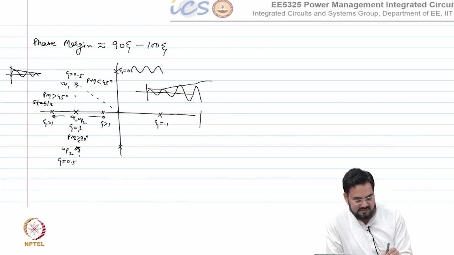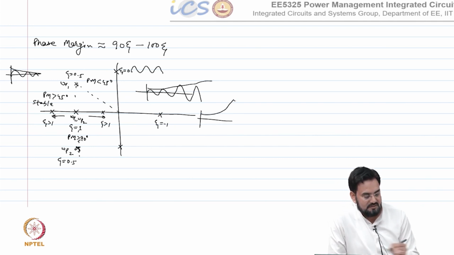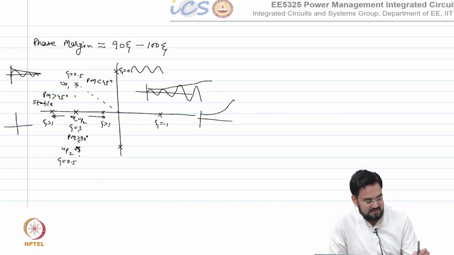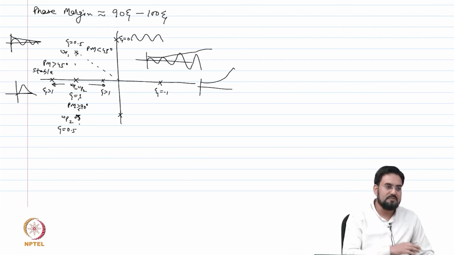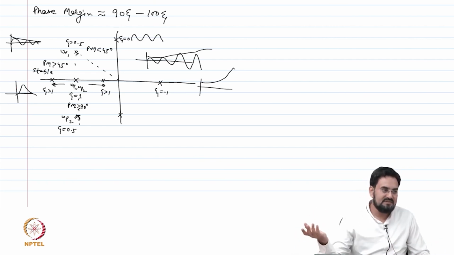On real axis, they will just exponentially rise. Okay. Left half plane, real axis, it will rise and settle.